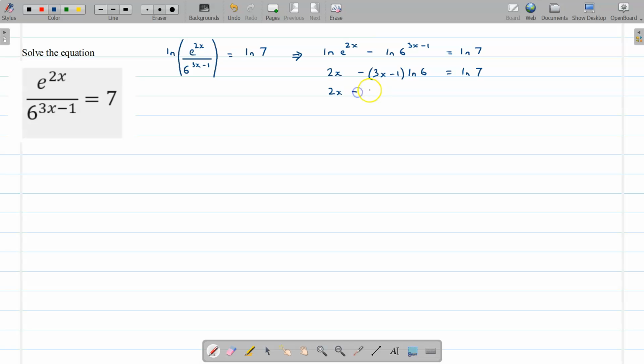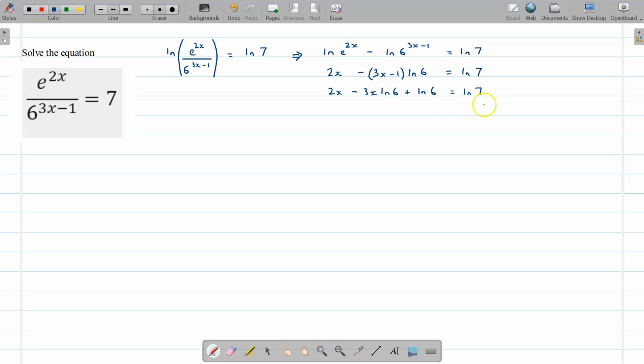So we've got 2x minus 3x log 6, and I've also got to do plus log 6, because I'm multiplying minus 1 times log 6, and that equals the log of 7.